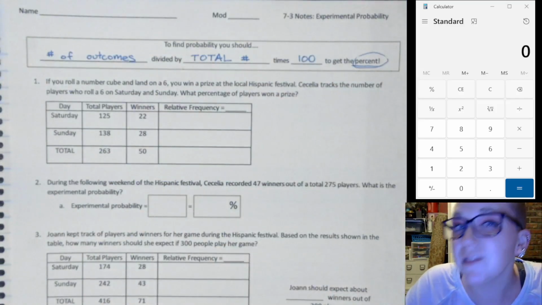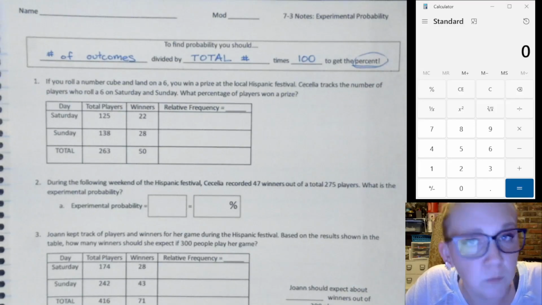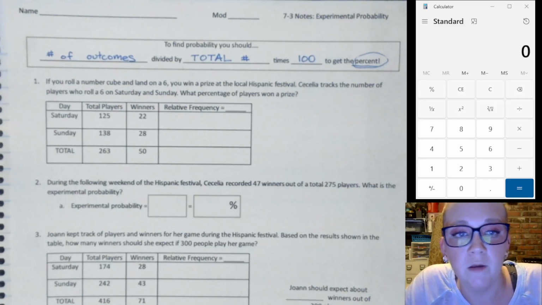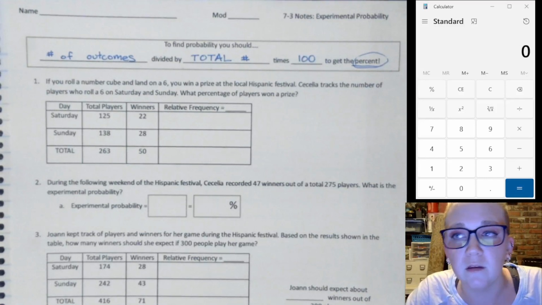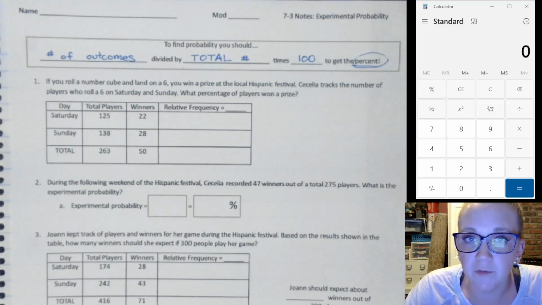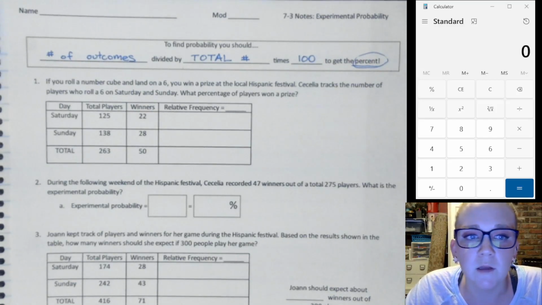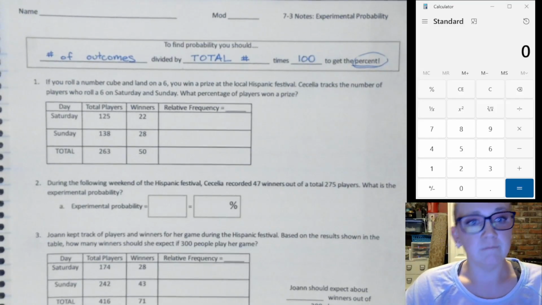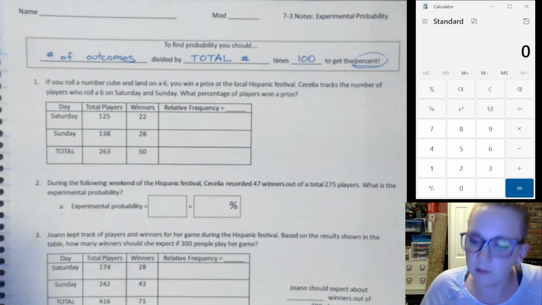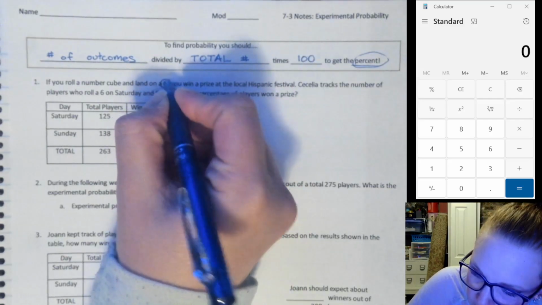If it's not asking you for the percent, don't multiply by 100. If it's just asking you for the probability, you can just write it as the fraction. It's totally okay.